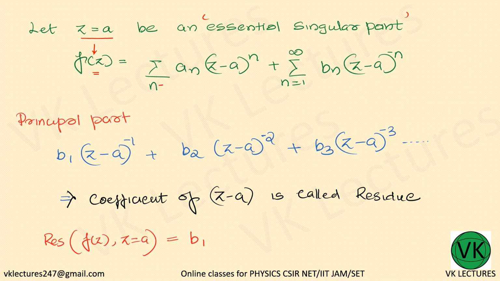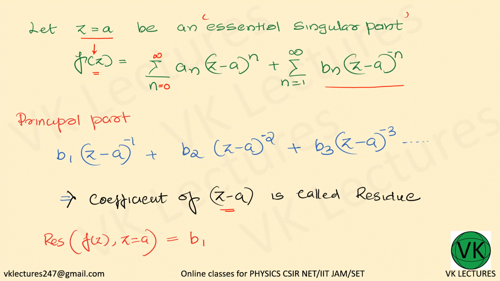Now this is the principal part. We'll take the principal part one by one. That is b1 starting with n equal to 1, z minus a to the power minus 1, plus b2 into z minus a to the power minus 2 plus b3 into z minus a to the power minus 3. Now this goes on.